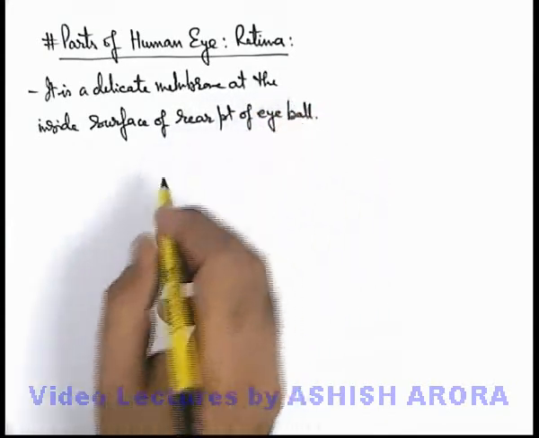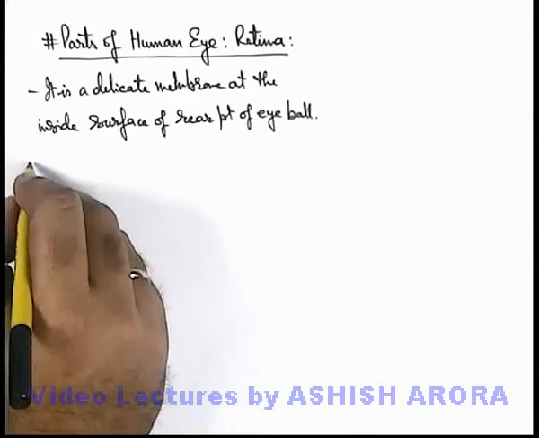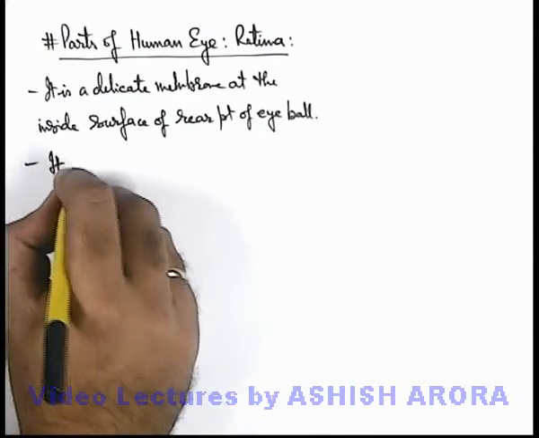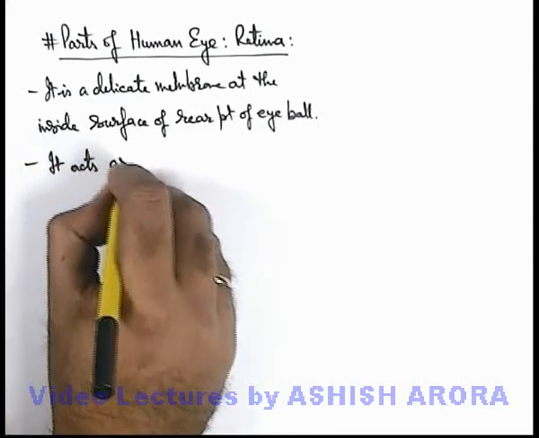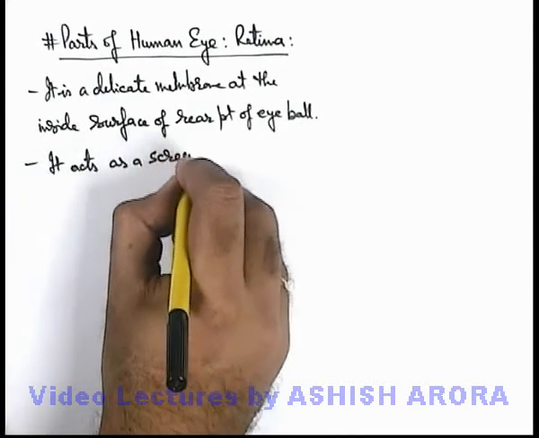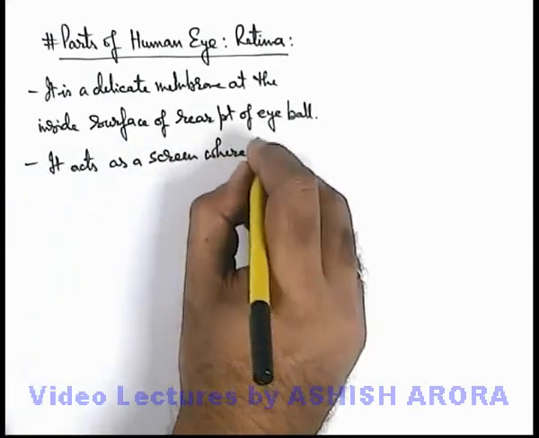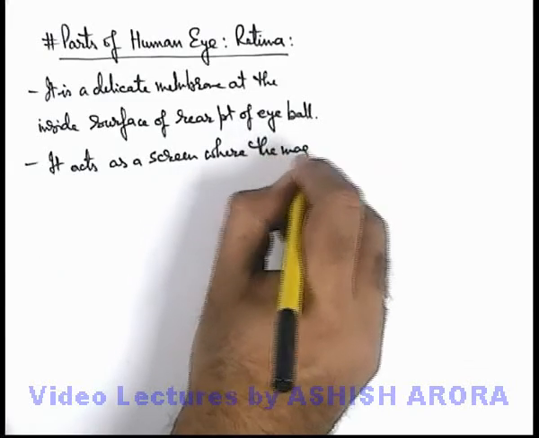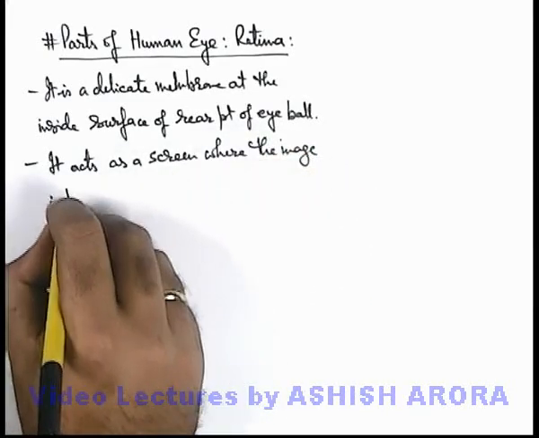This is the last part of the eyeball, and it acts as a screen where the image is produced.